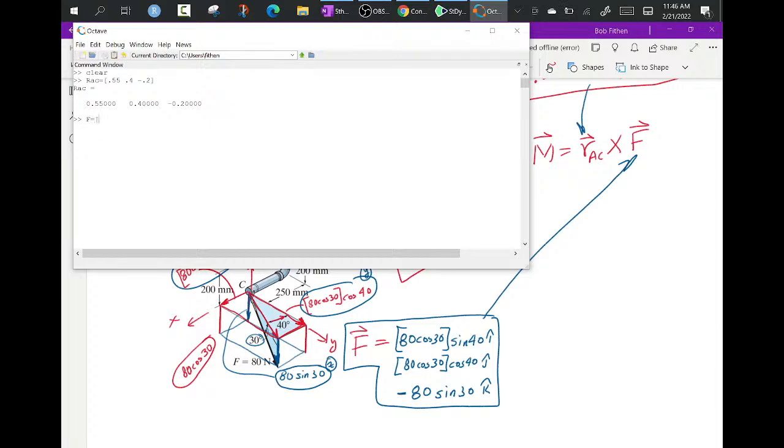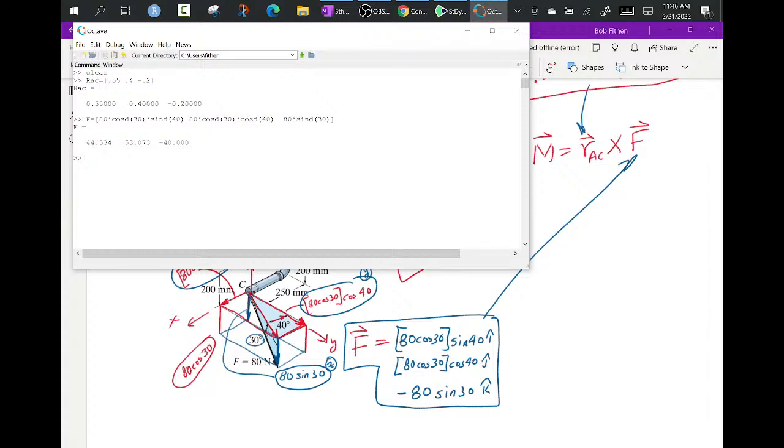So first, type in 80 times the cosine in degrees of 30 times the sine in degrees of 40, and that sits in the I. Then I hit a space or a comma, and then I type in 80 times cosine in degrees of 30 times cosine in degrees of 40. And then I have another space, that is 80 times sine in degrees of 30. Put my closed brackets and I get some numbers there.